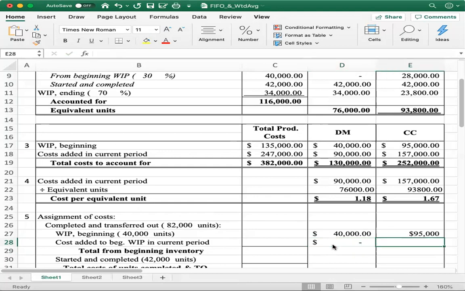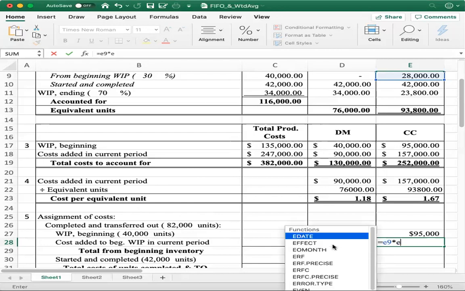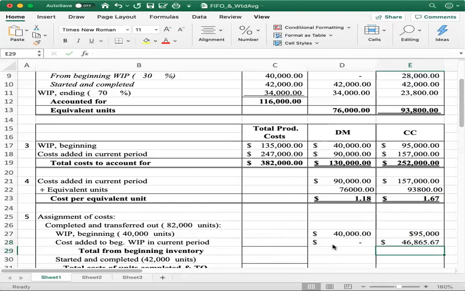All right. And then for conversion cost, so we pick 28,000, which is E9, and then we multiply this by the cost per equivalent unit, which is E23. So that will give you the cost you added in the beginning work in process in your conversion cost, 46,000 during this period, 95,000 in the prior period.